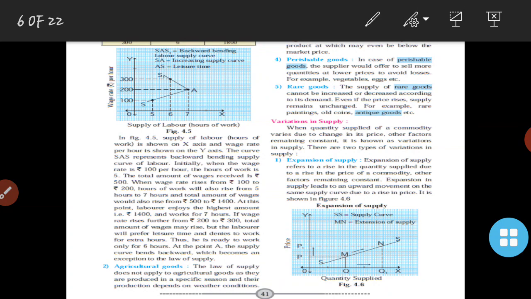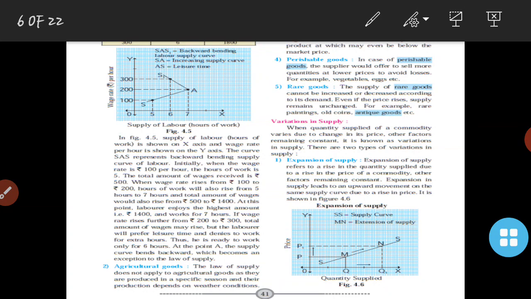Now here it says when the wage rate is 100 per hour, the hours of work is 5, wages 500. When the rate rises to 200 rupees, hours will also rise from 5 hours to 7 hours, and the total amount of wages rises. Here they are saying if we are paying 100 rupees for 1 hour, and after that we decide to pay 200 rupees for 1 hour, the worker will work more for a good paying amount.